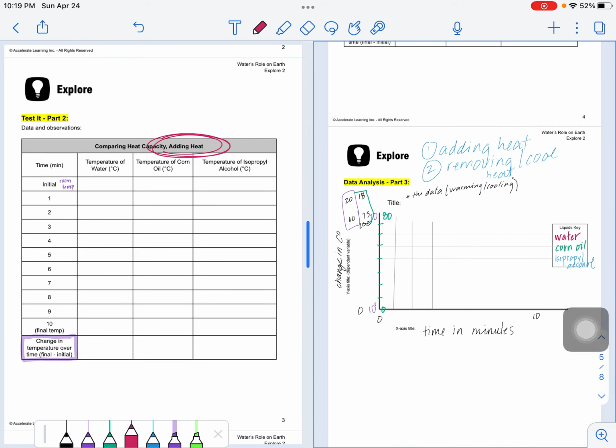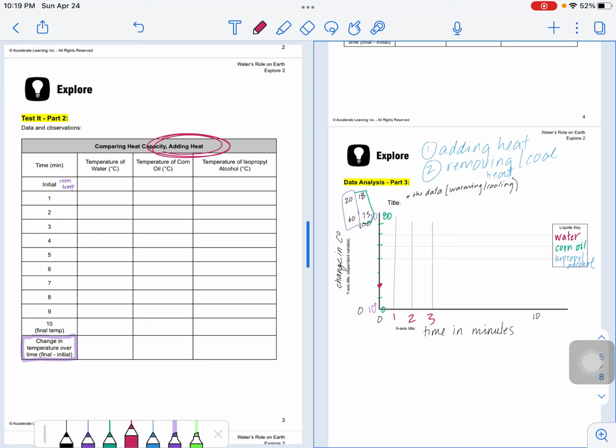So your adding heat information goes right onto this graph. You would look at water, your minute number 1, or your initial, that would be your time 0. So you'd put that in, and then you'd have your minute 1 on this line, 2, 3, all the way, like we said, to minute 10.